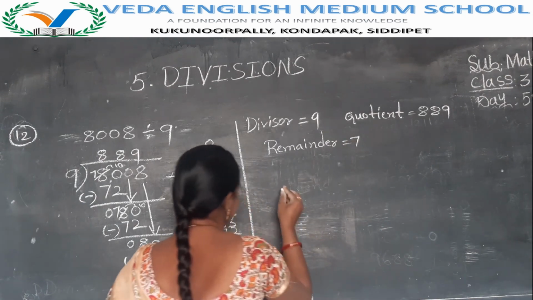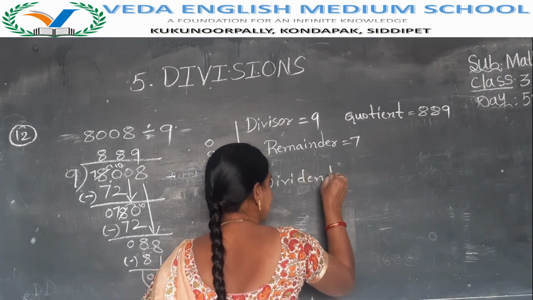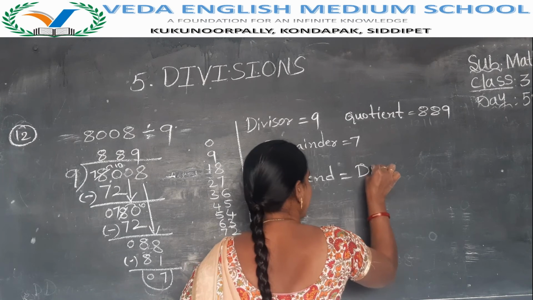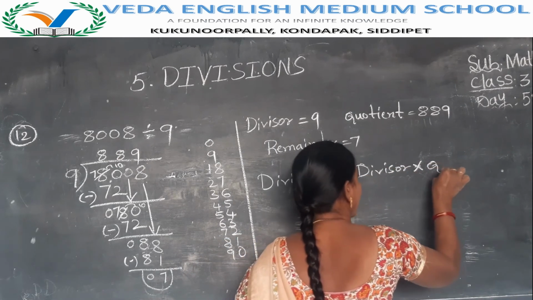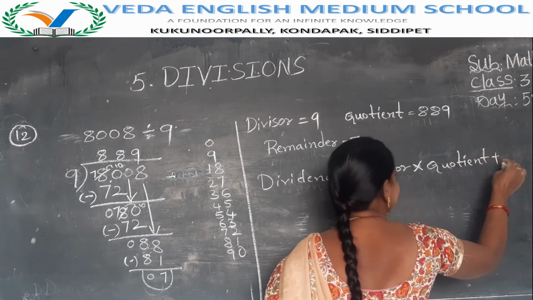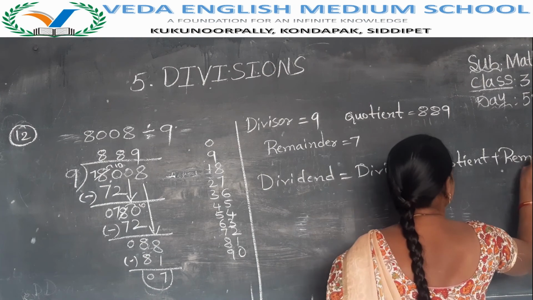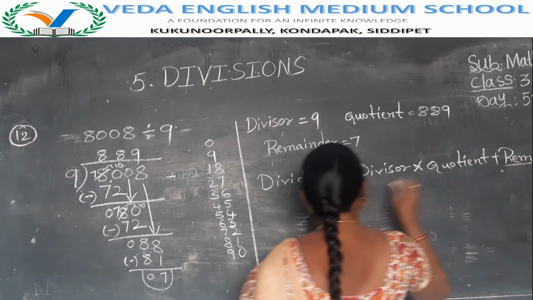So now write the principle: dividend equal to divisor into quotient plus remainder. This is the principle.